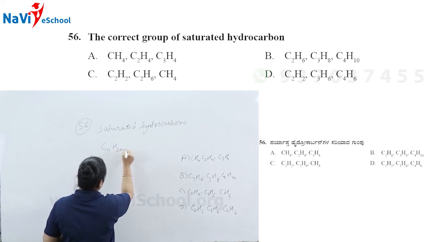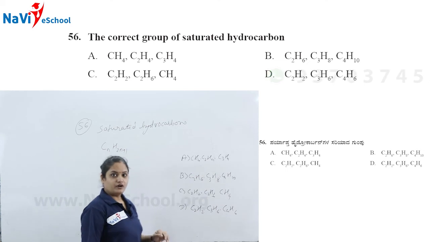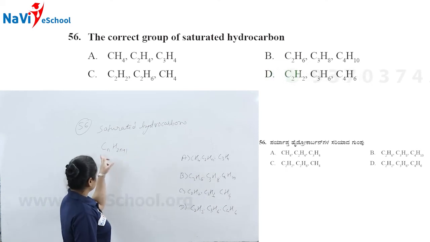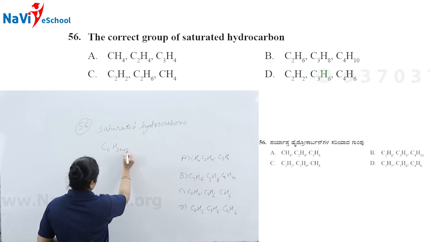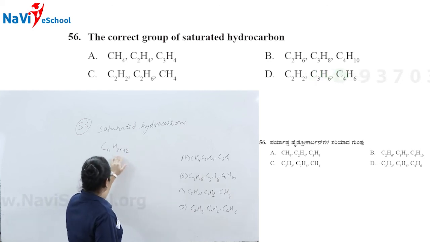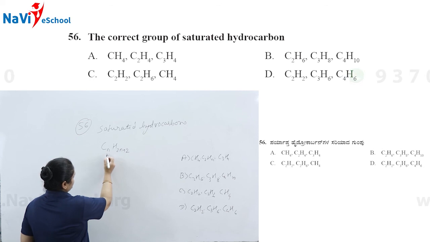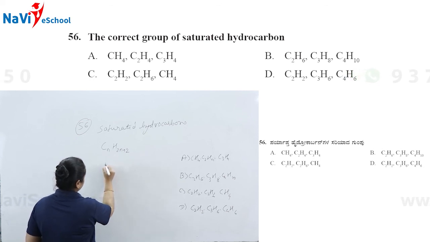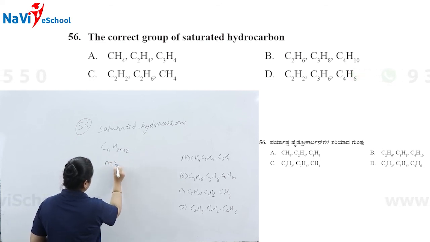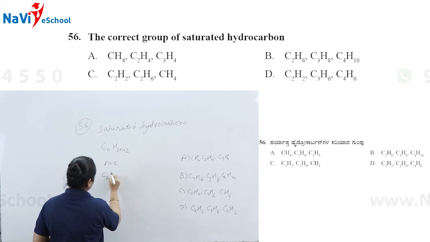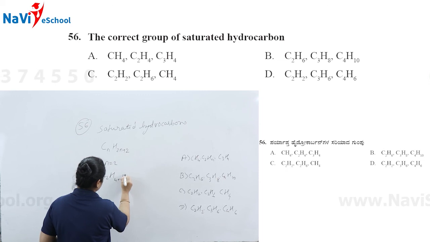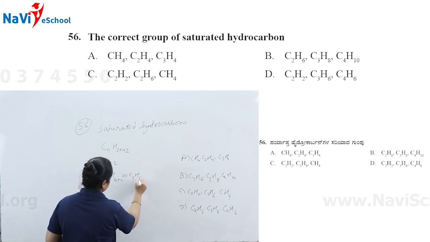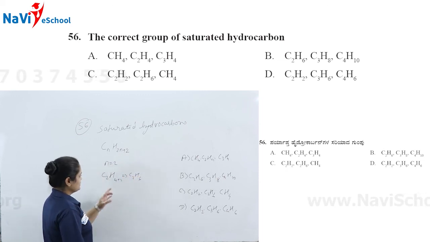CnH2n plus 2, not 1. If n is equal to 2, it becomes C2H4 plus 2, which gives C2H6, isn't it?